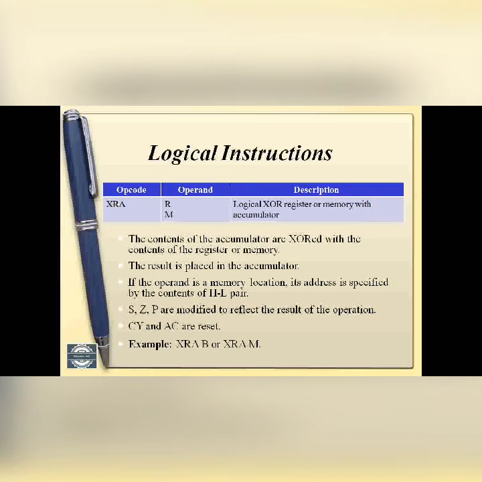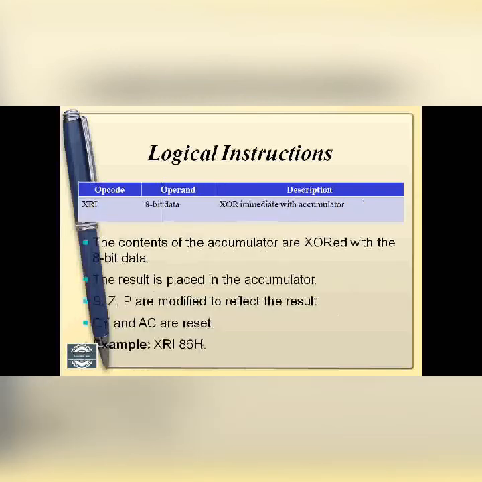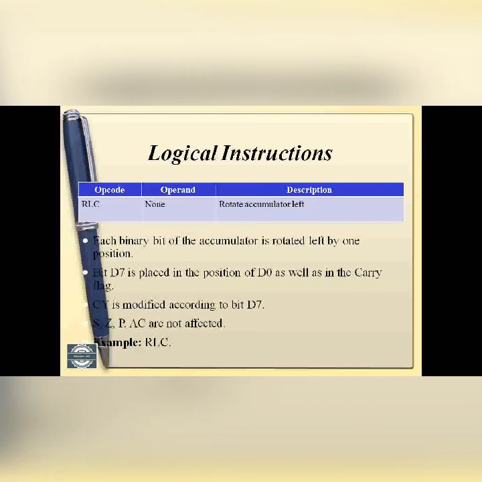I already told you XRA means logical XOR register or memory with the accumulator. After that XRI will come, XOR operation immediate with the accumulator. I think right now you can see when the I is coming.